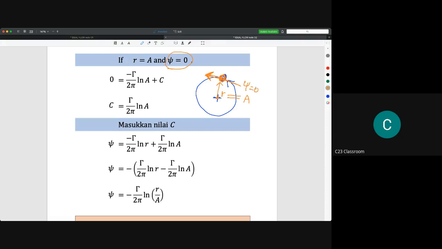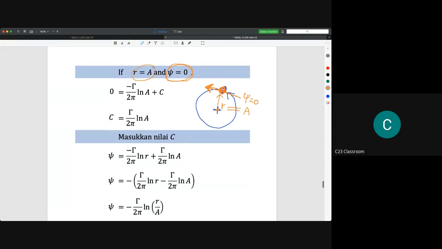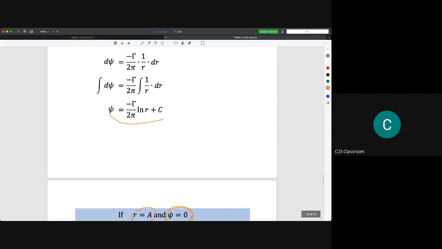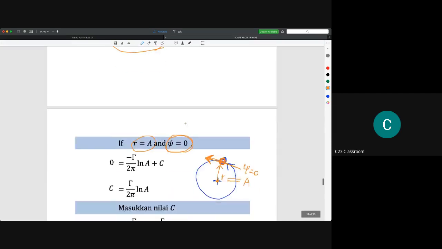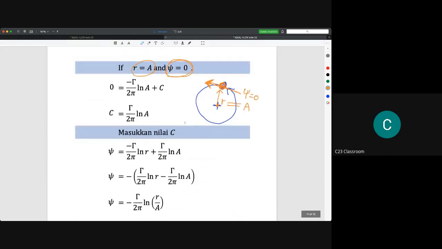Then we take this condition: if psi is equal to 0 and the radius is equal to A, we substitute into this equation. So we get psi is 0, and ln R will become ln A here. And then we could get the value of C as gamma over 2 pi ln A.